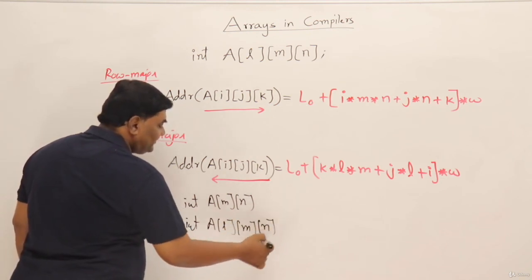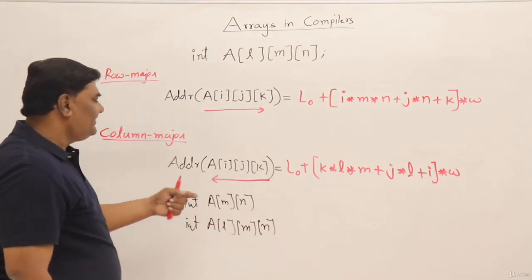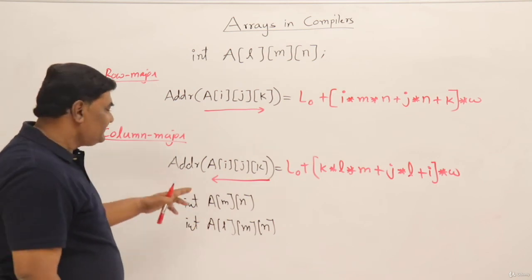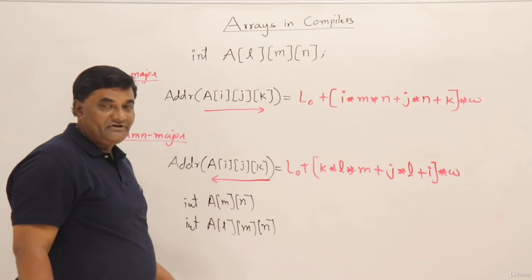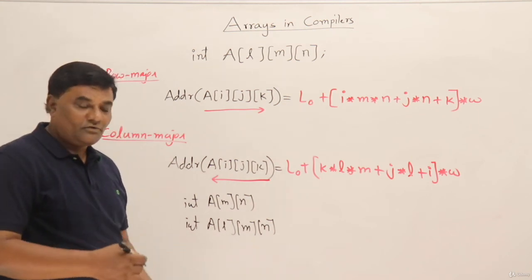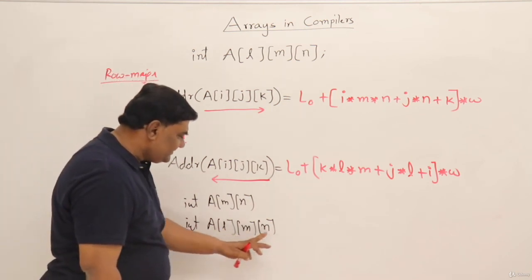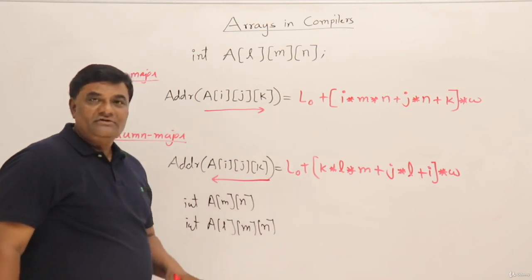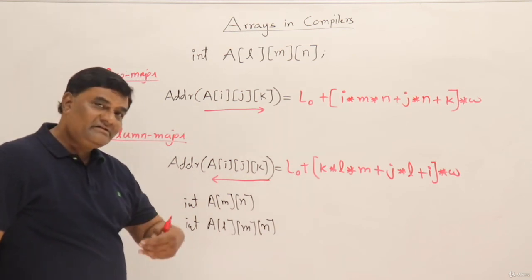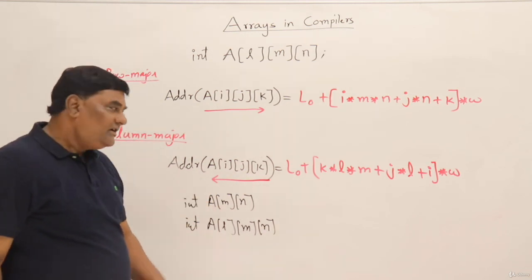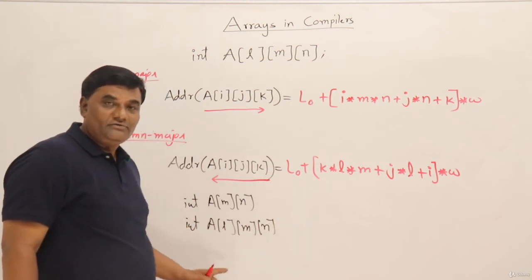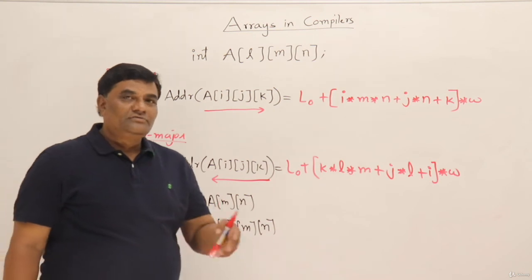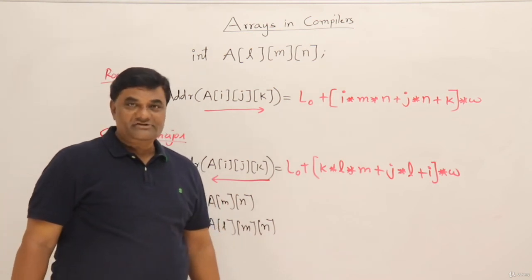Row measure means what? I have already explained this, that row measure means go from left to right and column measure means go from right to left. Don't say first column then row, because there are 3 dimensions. So if this is row, this is column, then what is this? So instead of giving a name, let us avoid giving any name to that one. Let us say for row measure left to right, for column measure right to left. So that's all about the 3-dimension formula.